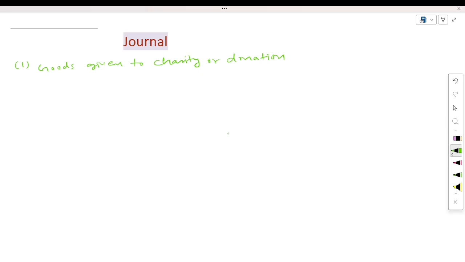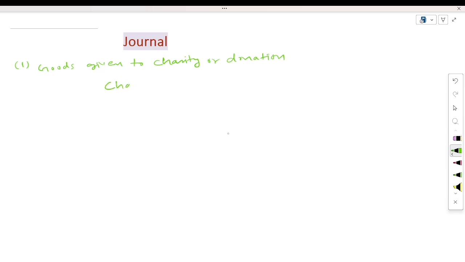Suppose your business donates a few of the goods to charity or any other NGOs. At that time, what entry will you pass here? As you know, charity or donation is just like an expense for your business. What account will be debit here? As you know, an expense account will be debit.